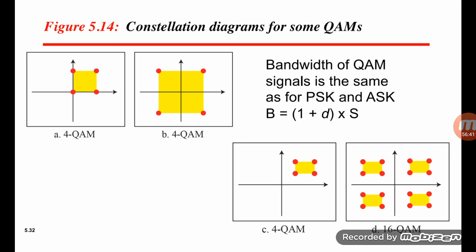The amplitude of this one is something, and how about the phase? It's something like 45. And this is another one. You see the phase has changed. The amplitude has also changed. For this one, this is the amplitude and phase, and for this one, this is the amplitude and phase.